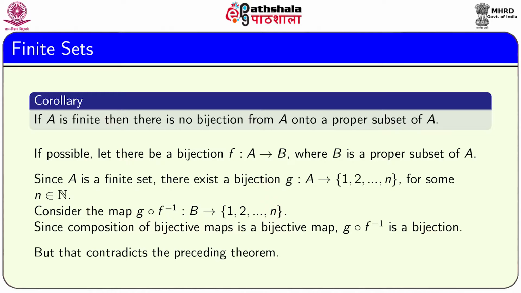Now, we consider the composite map G composed F inverse, which is a map from B to the set 1 to n. Since composition of bijective maps is still a bijective map, G composed F inverse is a bijection, but that contradicts the previous theorem.